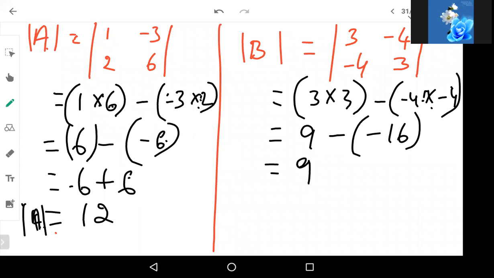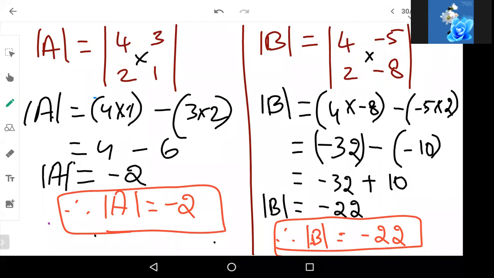So this is plus 16. So 9 minus 16 is minus 7. So this is going to be here. Okay. So we have understood the 2 into 2 matrix.